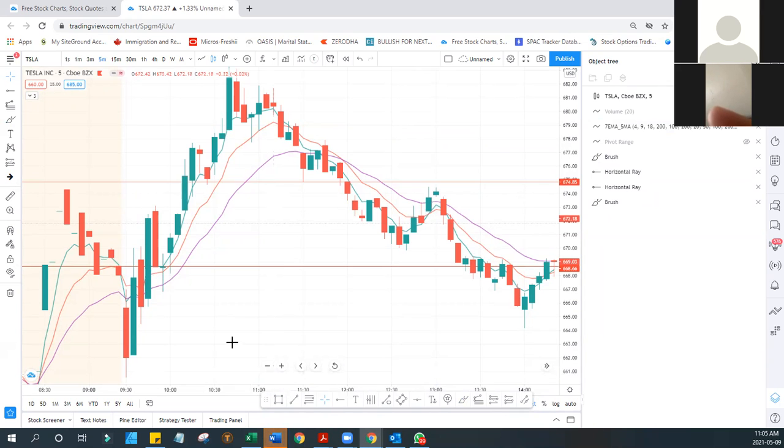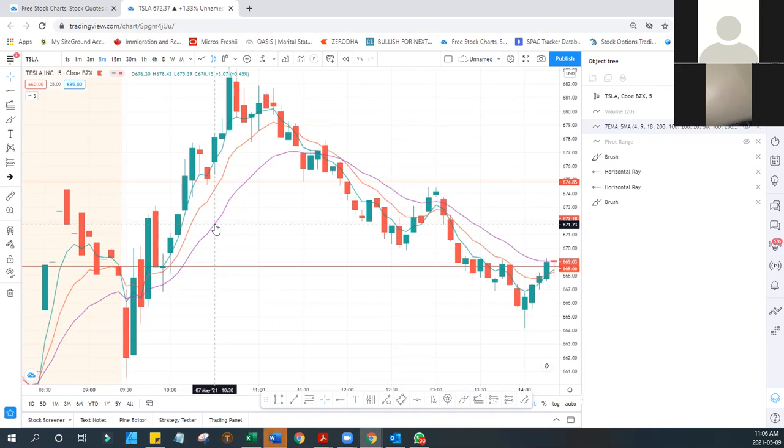The closer to the price is the smaller time frame, and away from the price is the higher time frame. Because this is the average for the last 4 five-minute candles, whereas this is the average for the last 18. So the price sticks to the smaller time frame, whereas the higher time frame goes a little bit away from the price.